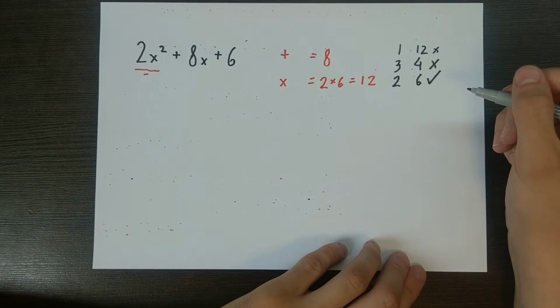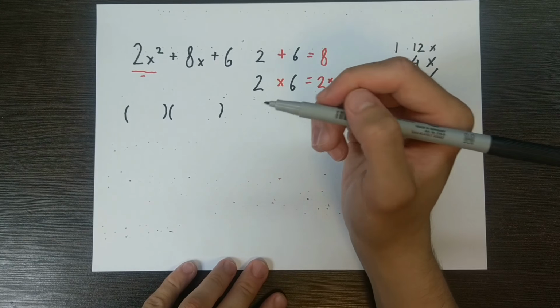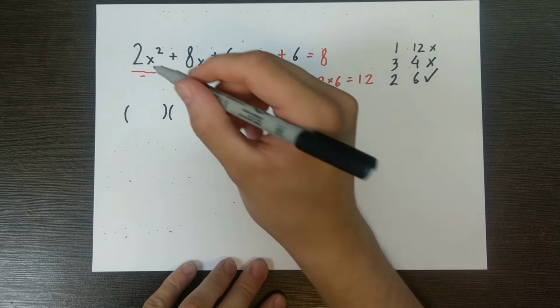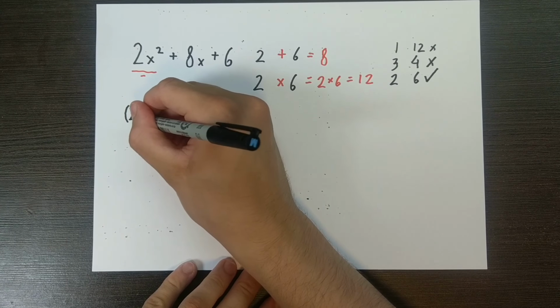Now, what do we do next? This is another place where this method differs slightly. What we do is we open up the brackets, same as before, and before we would have been putting x's here. However, now we are going to put 2x into each of those brackets.